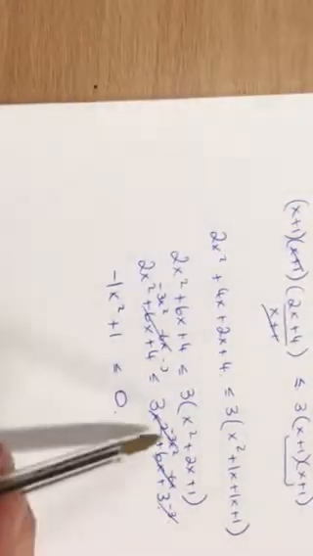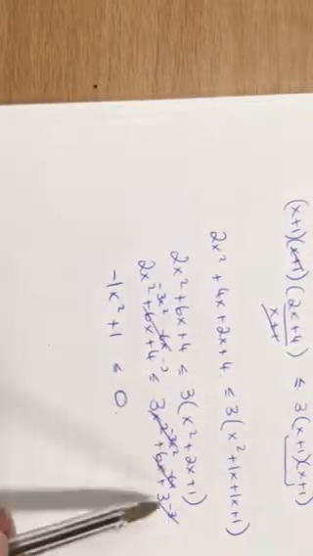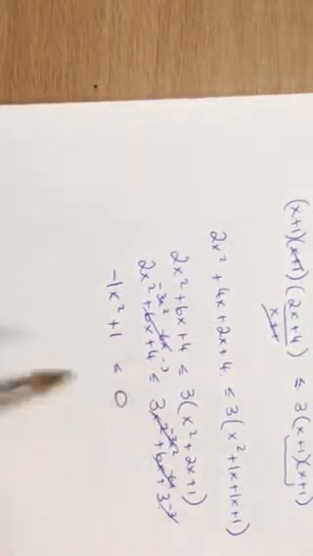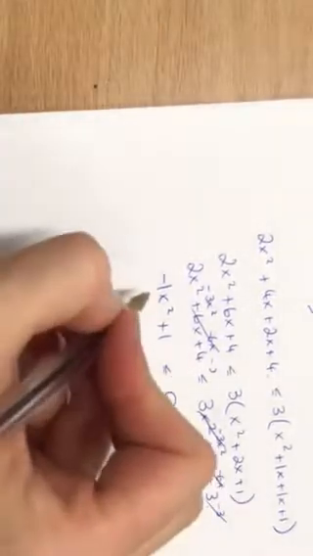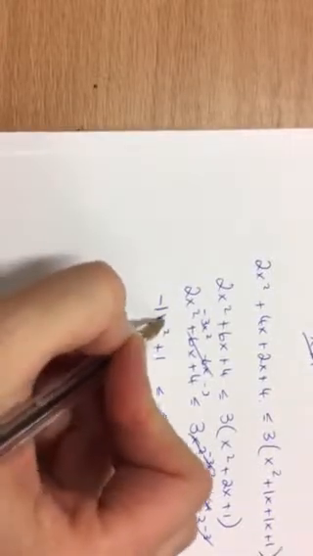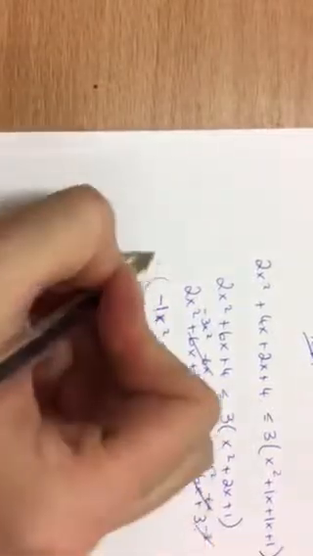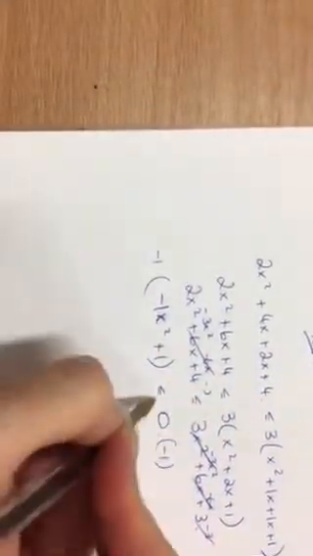Now I can subtract things from both sides. I'm going to subtract 3x squared from both sides, which gives me minus 1x squared. If I subtract 6x from both sides, that gives me nothing on both sides with the x's, and then I subtract 3 from both sides, because I want to have a 0 on the right hand side. I'm going to multiply everything by minus 1 because my brain is used to seeing a plus x squared. If I multiply both sides by minus 1, that changes the sign.